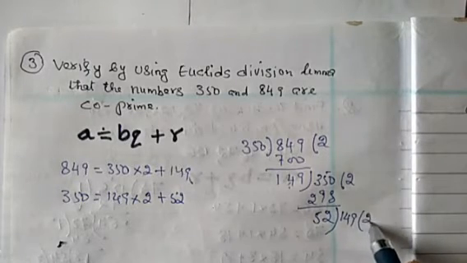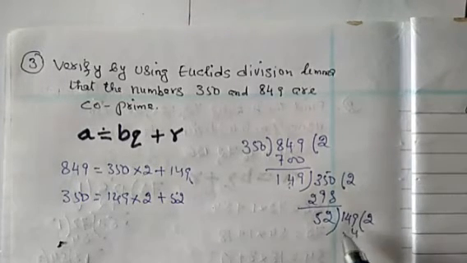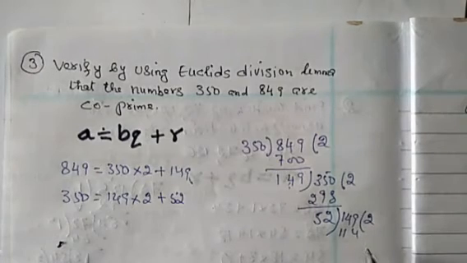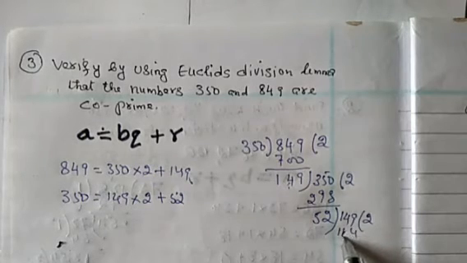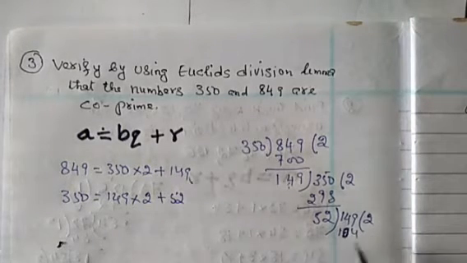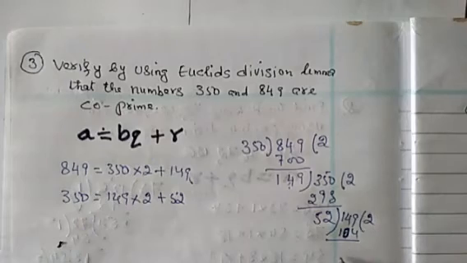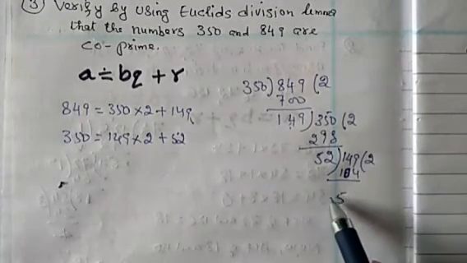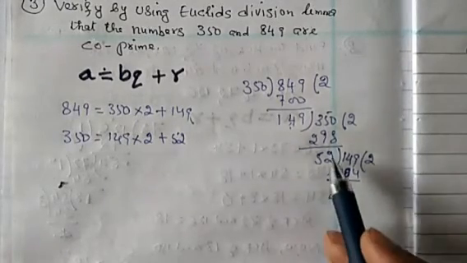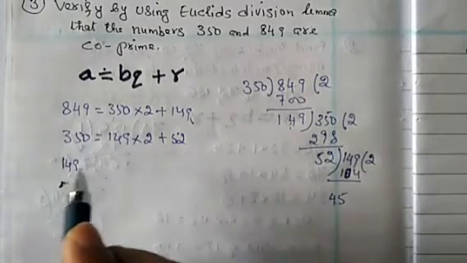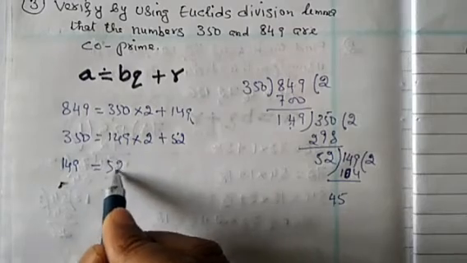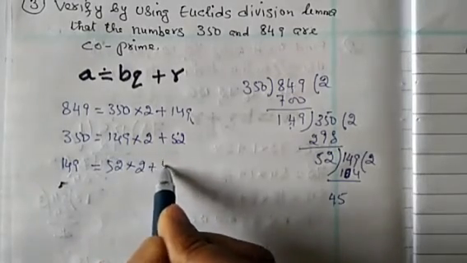So let us take 2 times: 2 9s are 18, 2 4s are 8, 2 1s are 2. The remainder I got is less than the divisor. Again I'll write 149 is equal to 52 into 2 plus remainder 45.